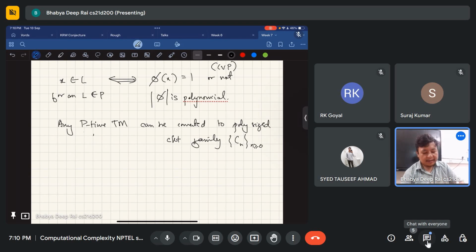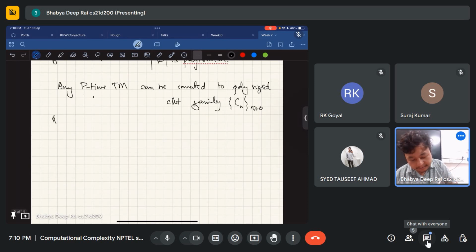Okay, can be converted to a polynomial size circuit family. Is the converse true?